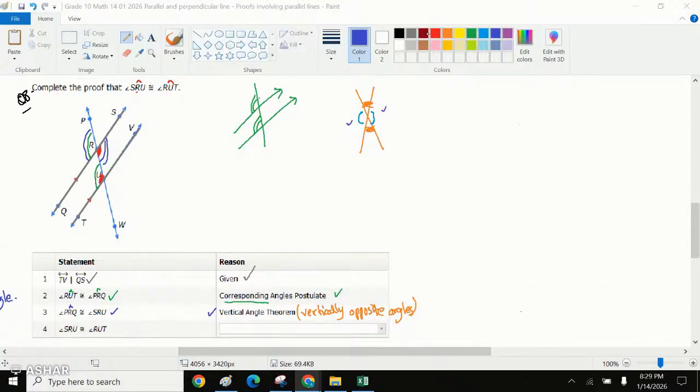What about the last statement? In the last statement, what they are asking us to do is SRU, this angle would be equal to this angle, right? So we had two parallel lines and a line was intersecting. They are saying that these two angles would be same. These two angles are only same because if this was X, then this was vertically opposite X, and this X is corresponding to this X, right?